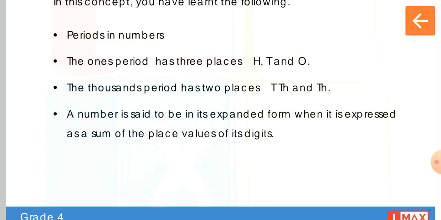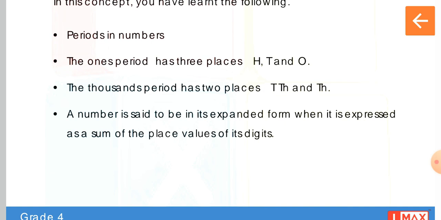Got it? For example, 326. That is the number. How to write the expanded form? When we arrange it in a place value chart, we can see 3 in the hundreds place, 2 in the tens place, and 6 in the ones place.